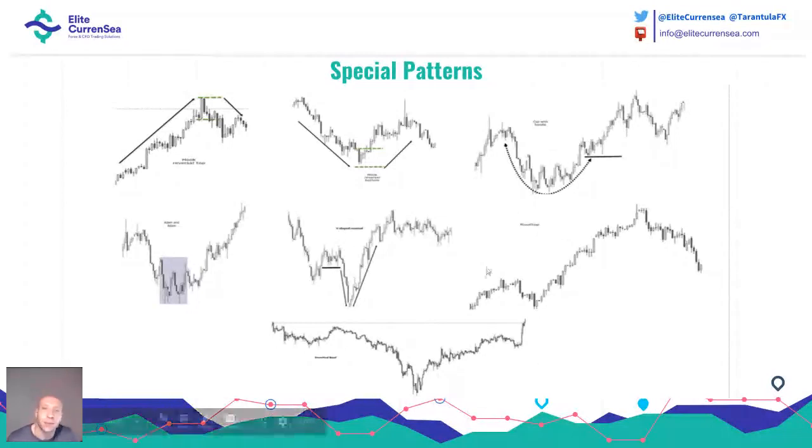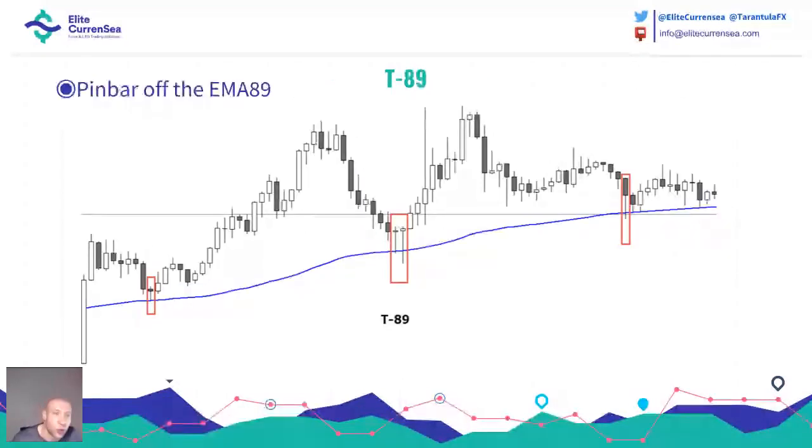Okay. Now we move on to special patterns. My favorite pattern is T89. It's a part of my Camarilla MACD teaching. For example, today we have a trade on euro dollar, and it's very, very close to T89, this rejection that happened.